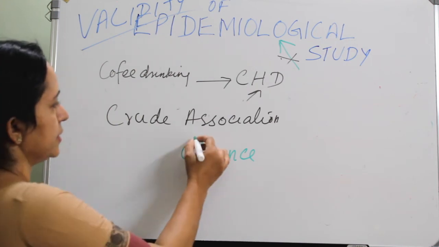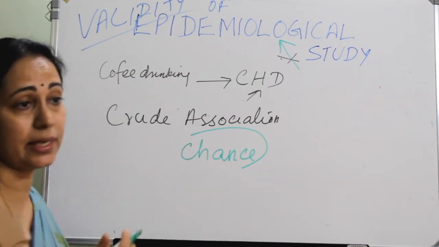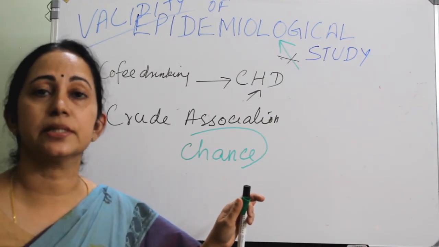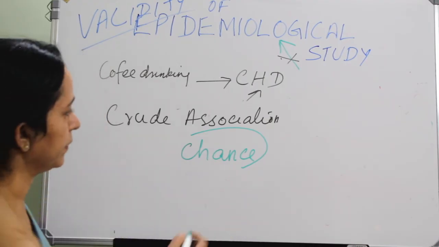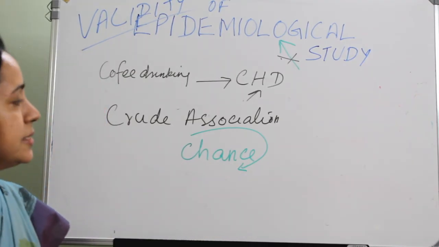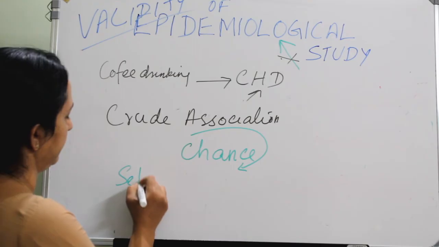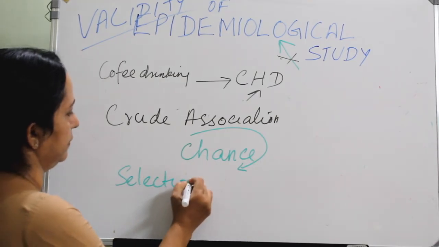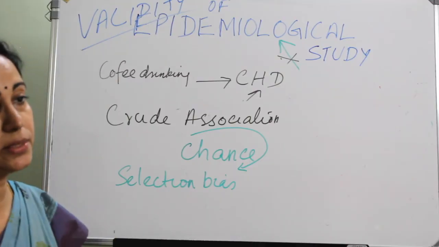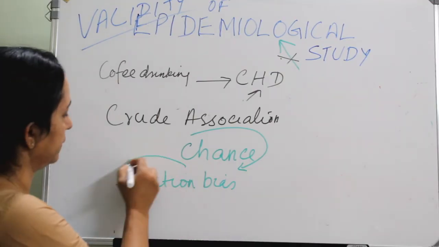If it is chance, try to reduce it. That is a random error, chance, and that is eliminated by increasing the sample size. And second, look at whether there is any selection bias, and reduce the selection bias by the methods already described.